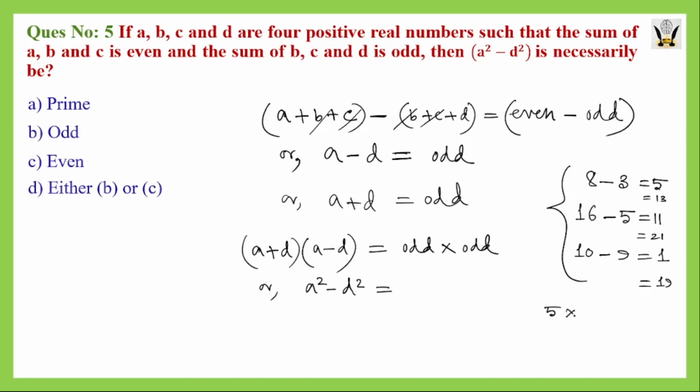Suppose 5 multiplied by 3, it is 15. Suppose we are multiplying 7 multiplied by 9, so it will be 63, and so on. So what we are getting here is, when we multiply two odd numbers, the result is also an odd number. So here whatever will be the value, the result will be always odd. That means as per the given options, our answer will be option B.